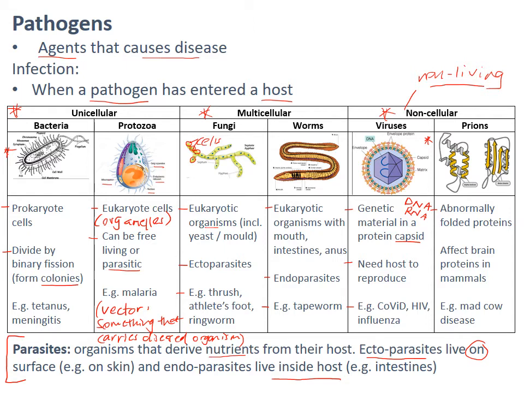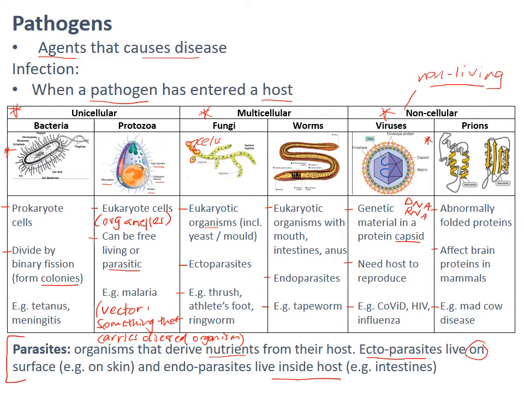They're only found in mammals, and they affect the proteins that are found in the brain. And an example of this is mad cow disease. Okay, so that was a big thing in the 80s, and it was a disease that affected the brain tissue initially in cows and then in people.